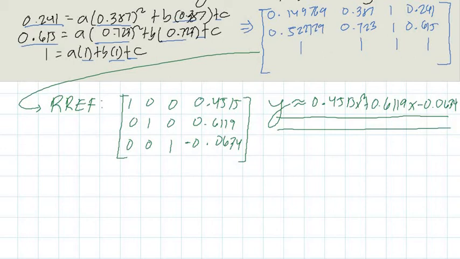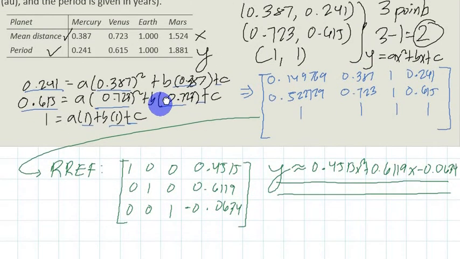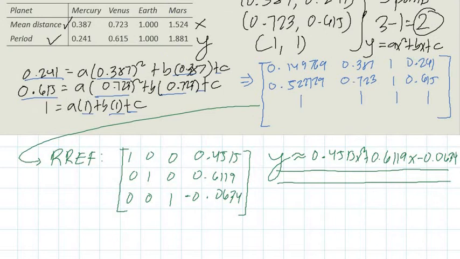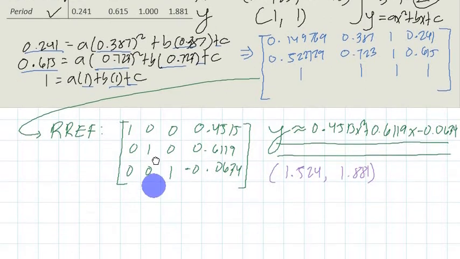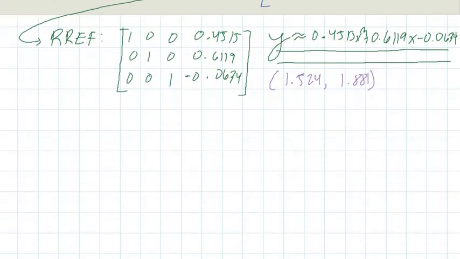The values for Mars would be 1.524 and 1.881. So to test if our polynomial model is accurate, let's plug in the values here.